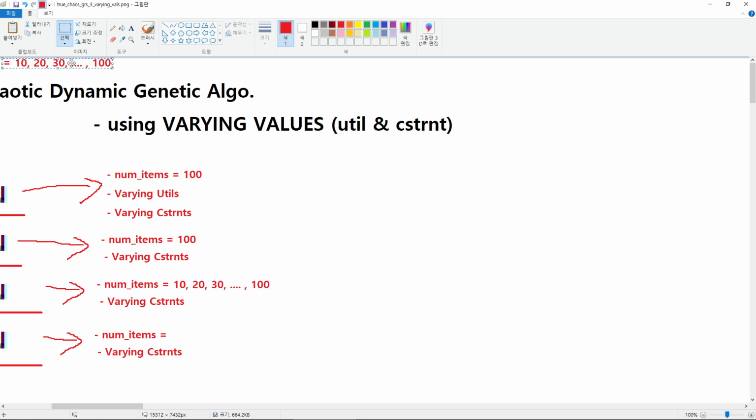The same could be said for this as well, and this also equals pop size. Same here and same here.